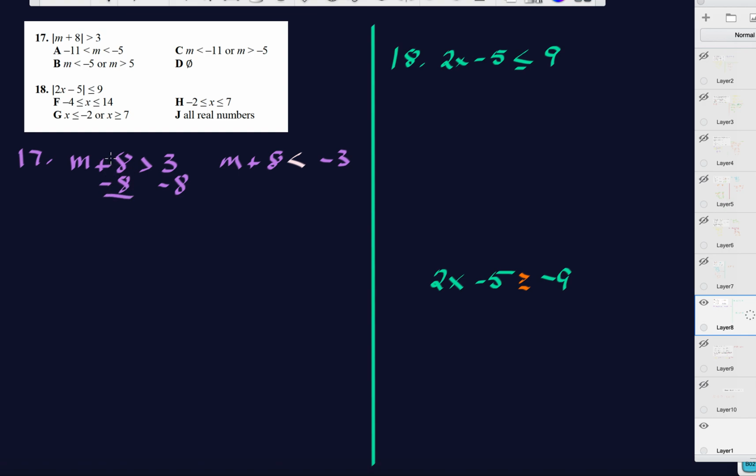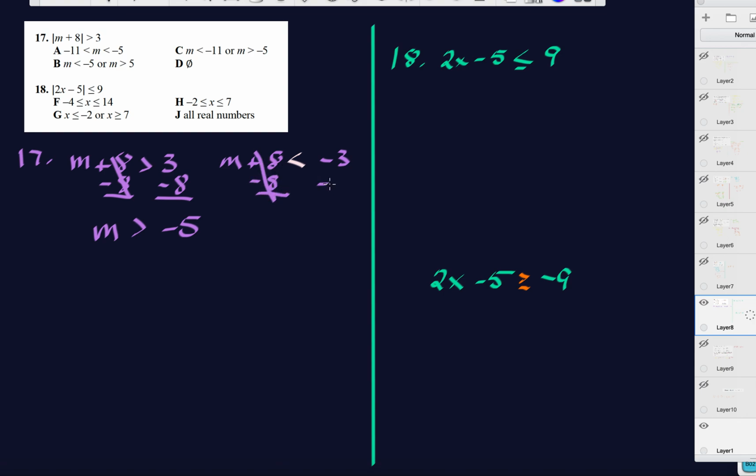So that goes away. This nets me negative 5. M is greater than negative 5. So far, this is all I've got. I can just stop right here, select C, but I want to make sure I did it right. So let's go ahead and look. Let's subtract 8 again.